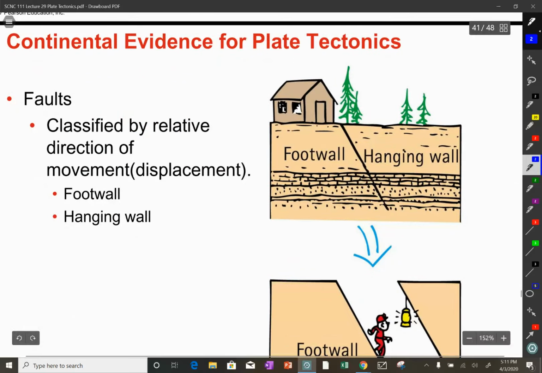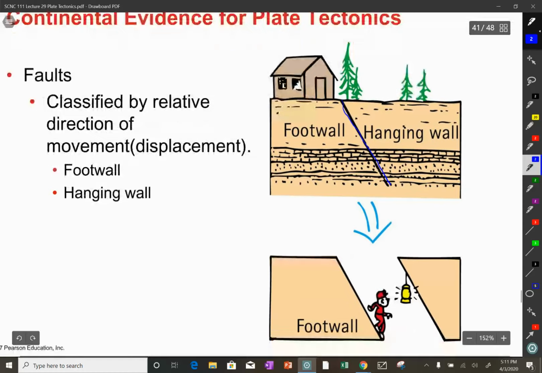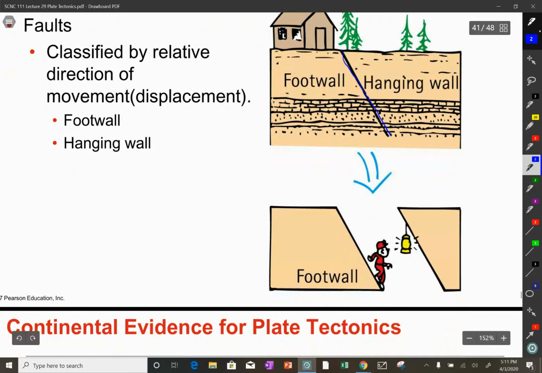A couple more things here. When you have a fault here, the one that's on the lower side is called the footwall. The one that is on the upper side is called the hanging wall. This is supposed to help us remember: if you were to separate those two, you could hang your light from the hanging wall and your feet would be on the footwall.